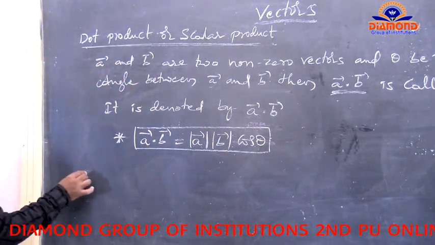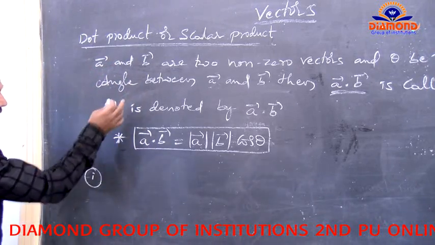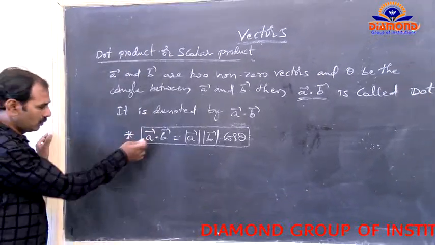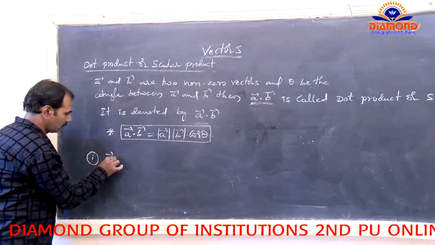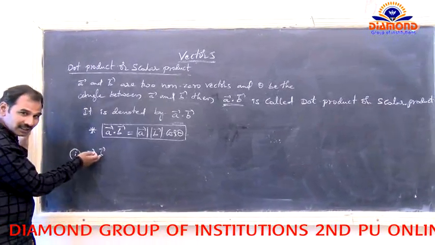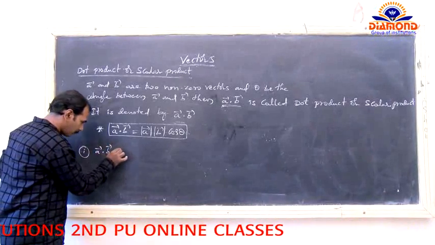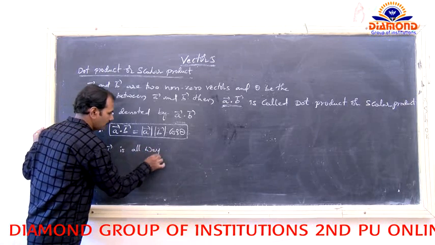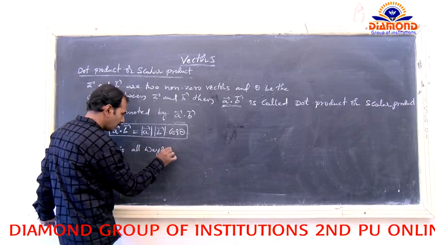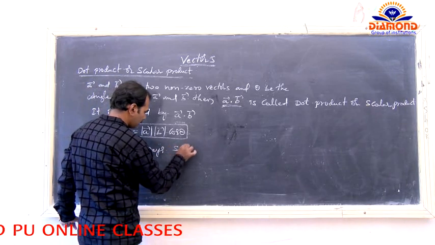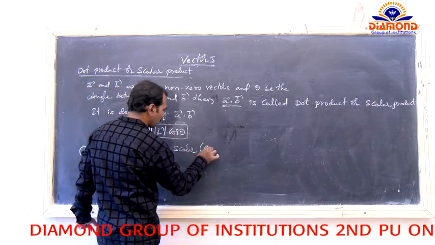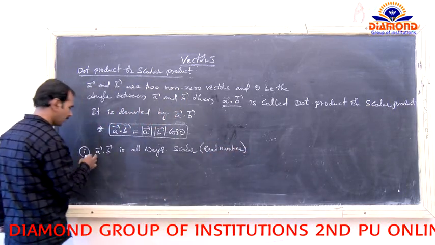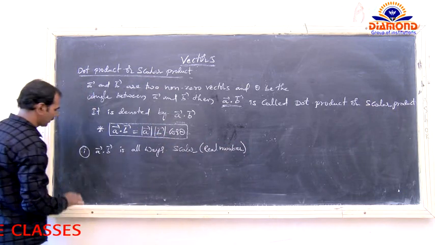Next, the important conditions based on the dot product. First, A vector dot B vector, the resultant, is a real number. A dot B is always a real number.